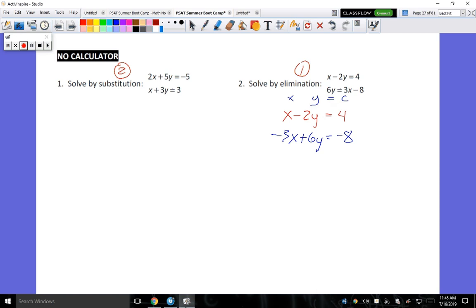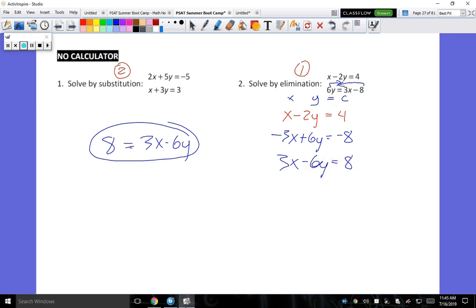Is this the only answer you could have written? No. What could the other equation have been? 3x minus 6y. Yep. Because I moved the 8 over here, I subtracted the 6 over there. And this can be written 3x minus 6y is equal to 8.